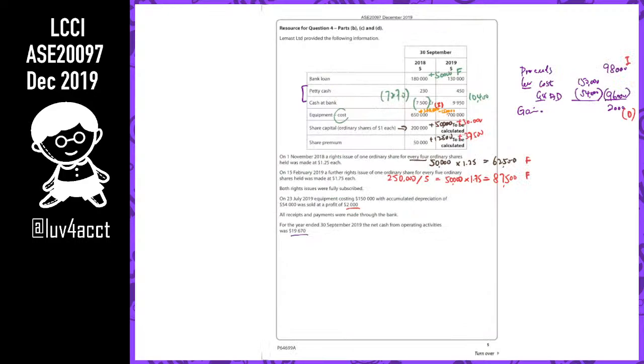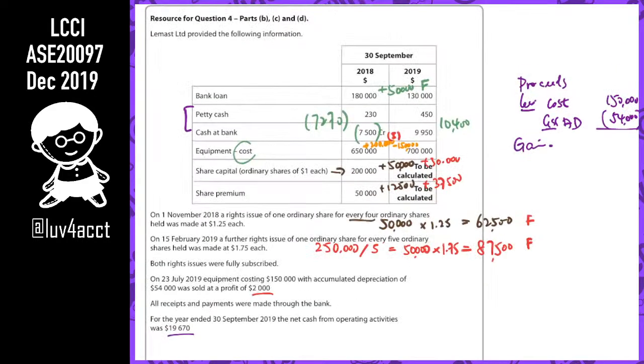Bank loan, let me see. This is a reduction, not taken out, because I'm thinking that is too large an increase.